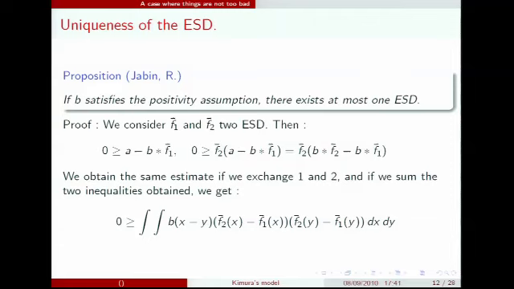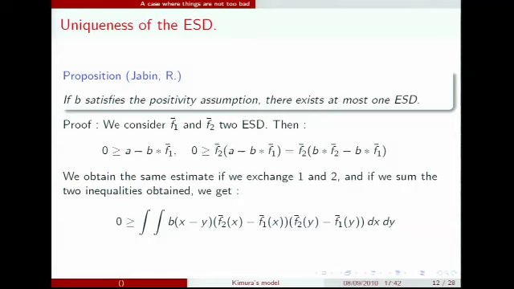The first thing that we get from the positivity assumptions that we made is that there exists only one ESD. How to prove this? We just write here the condition of an ESD. We had that the fitness should be negative. We can multiply by the population. So F1 and F2 are two ESDs. We multiply by F2. This is still negative.